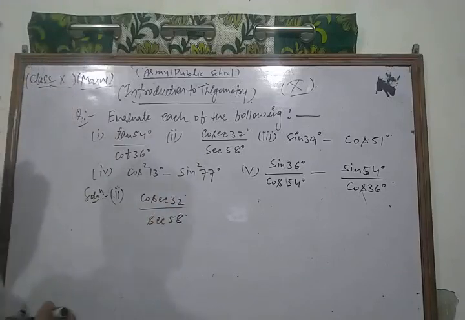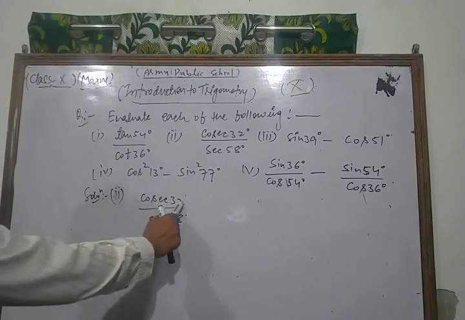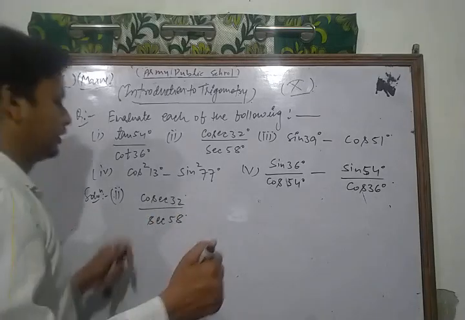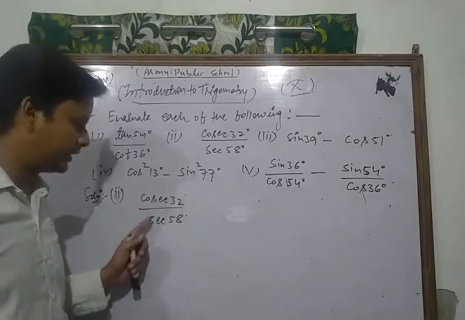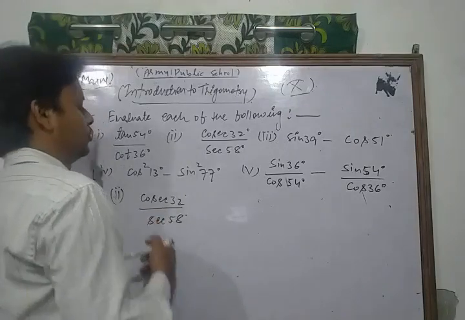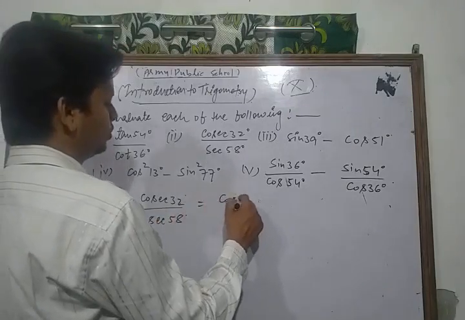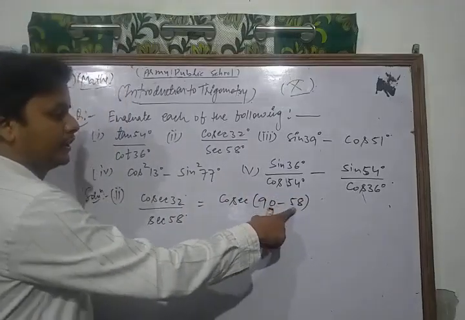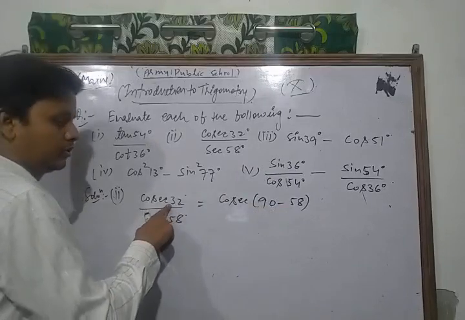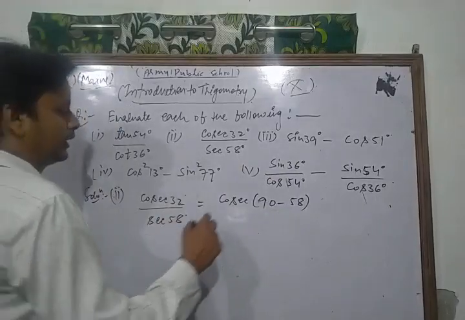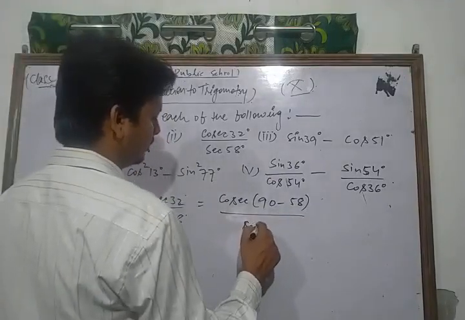Here 32 and 58 are also complementary angles because their sum of measures is 90 degree. Now we can convert one of them, either cosec theta or sec theta. So we convert cosec 32. We can write cosec 90 minus 58, because we subtract 58 from 90 and get 32. In the denominator we write sec 58 degree as it is.